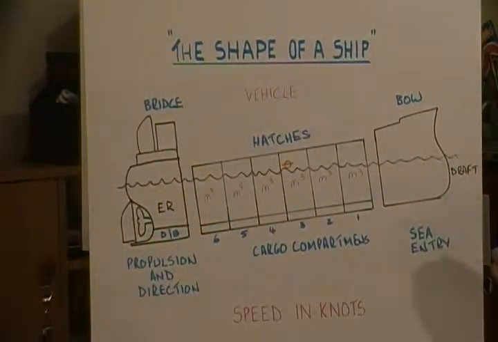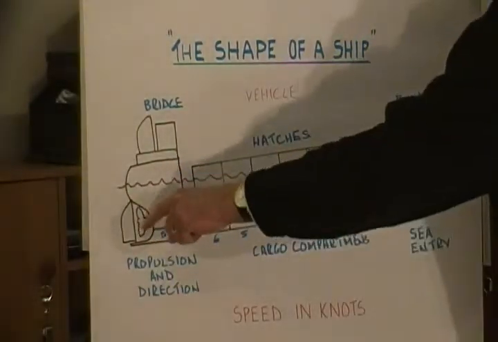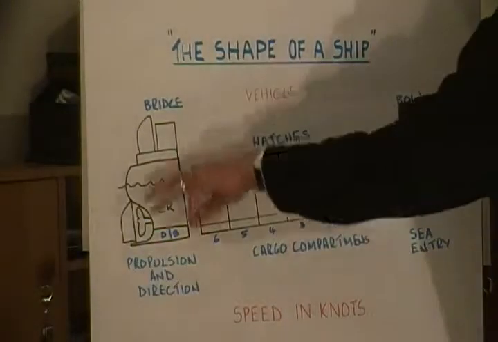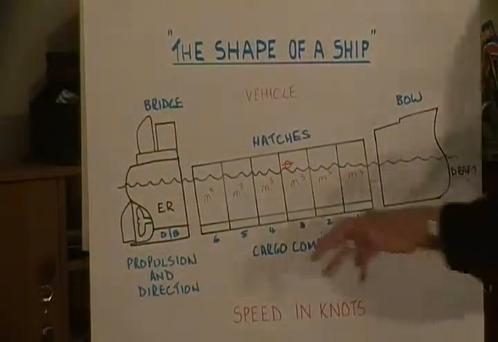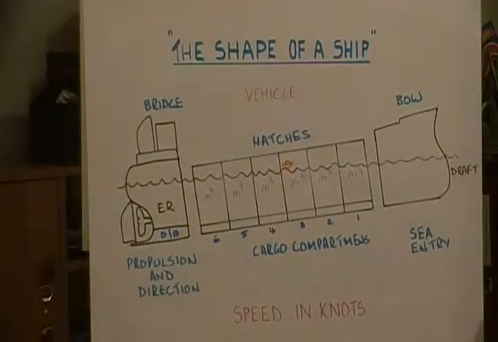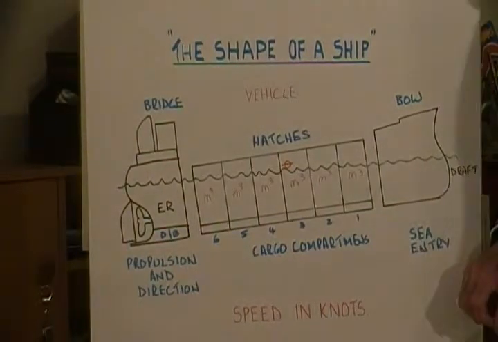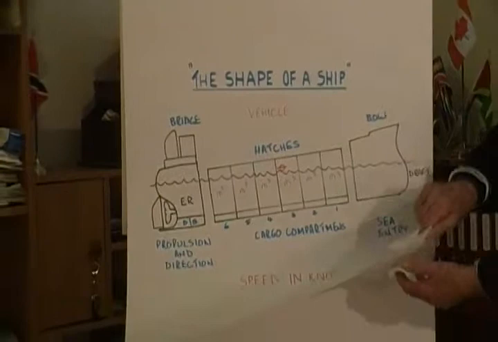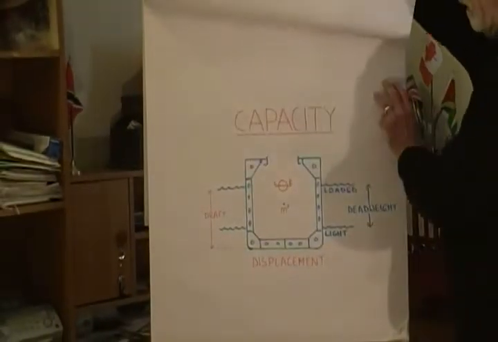Now you'll notice that I have drawn this with the propeller and the rudder deeper in the water. In other words, she's trimmed by the stern because that's how she goes through the water a lot easier. And the speed of the ship is measured in knots, which is sea miles per hour.